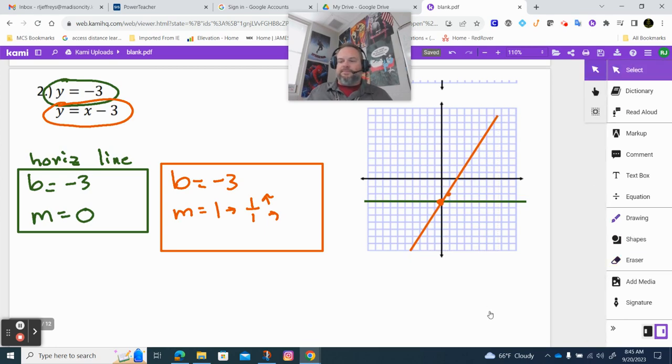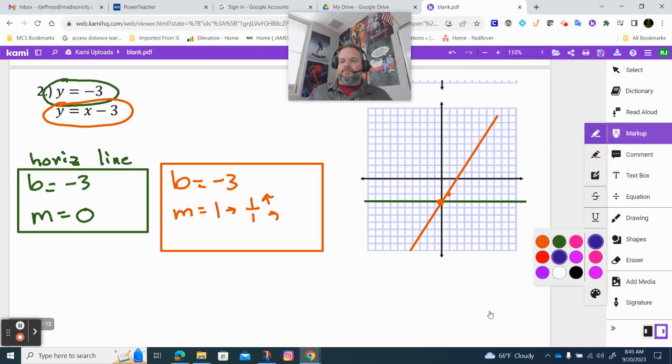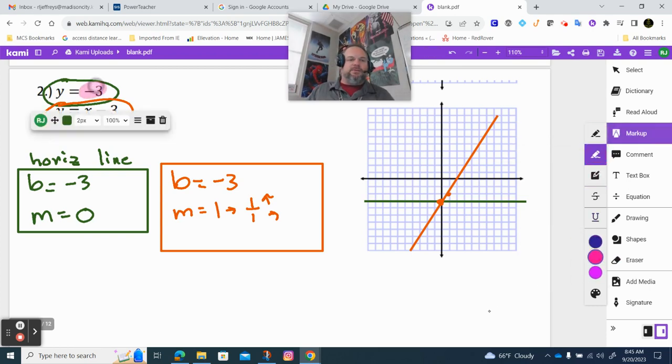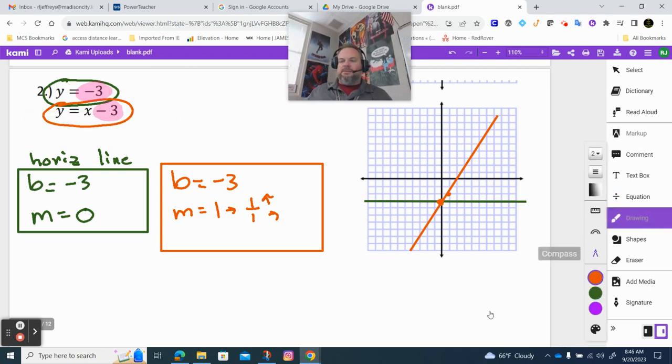All right. Look at this right here. These have the same B. You could have actually seen that and realized, hey, they're going to touch at the same spot.